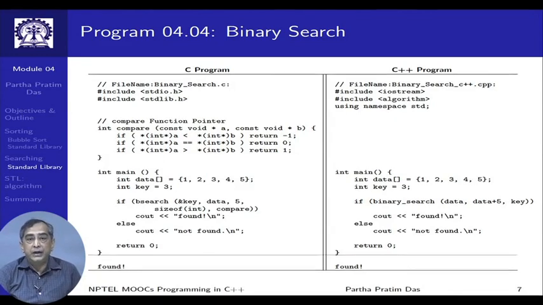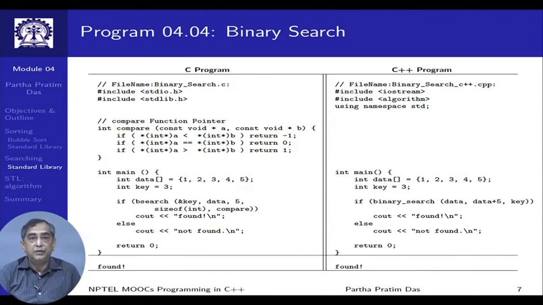And here I am showing an example where the compare function is not explicitly provided, because, as I have already discussed in the case of sort, if you are doing a search for elements of built-in type, the compiler already knows how the comparison is done. So, you do not need to explicitly put a function pointer for comparison, and with this the binary search will happen.